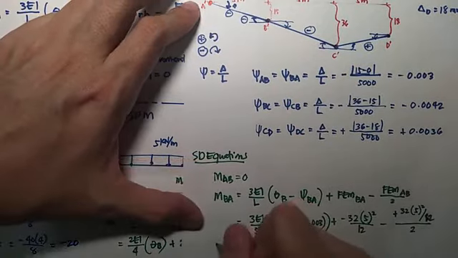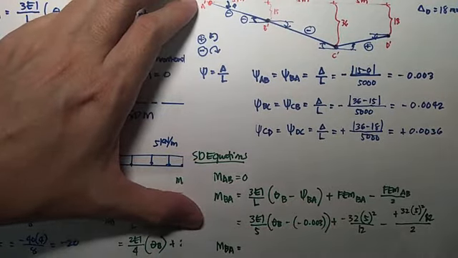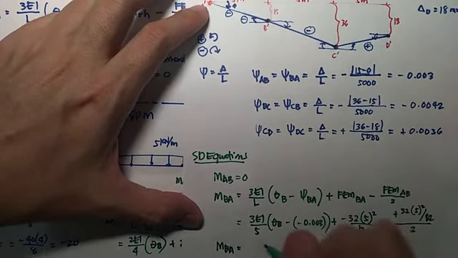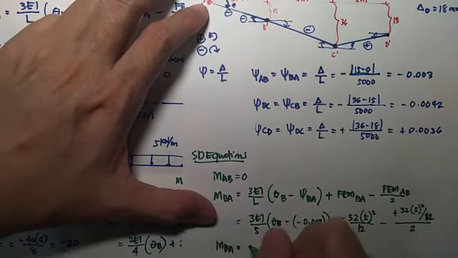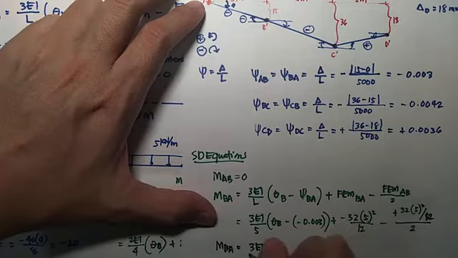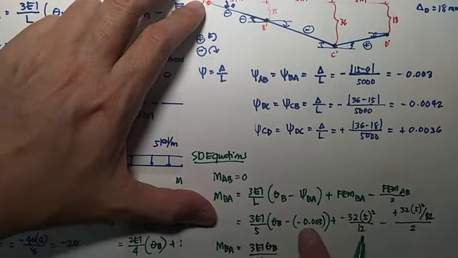So, simplify natin. So, MBA is equal to 3EI theta B over 5. Okay?